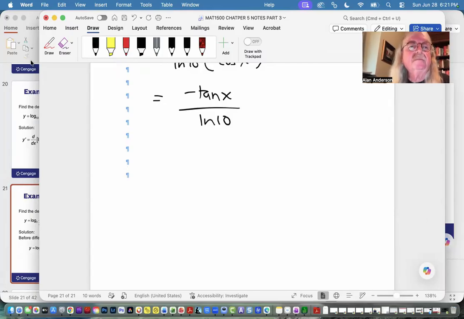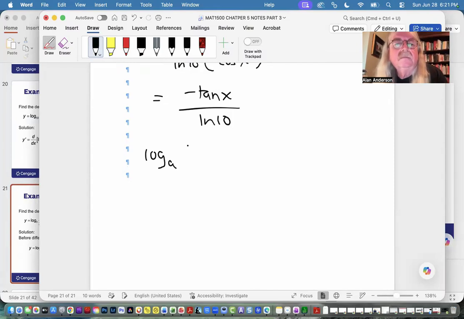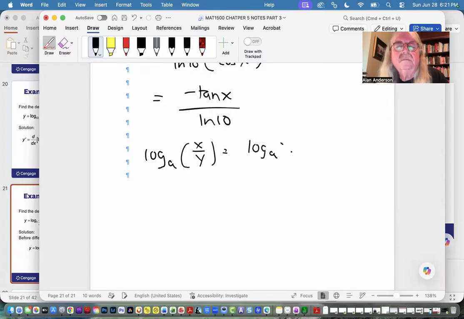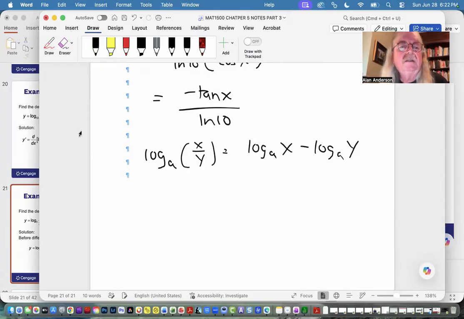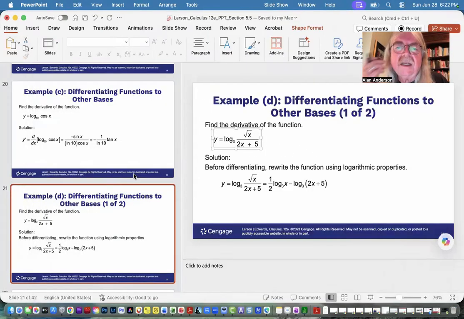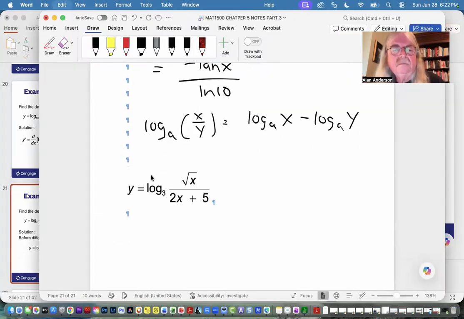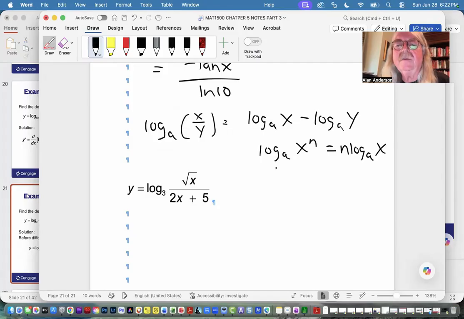Specifically, the quotient rule for logs. And so with this disaster, what do we have? Well, let's see. The other thing to remember is that log a of x to the n is simply n log a of x. We might need that one.